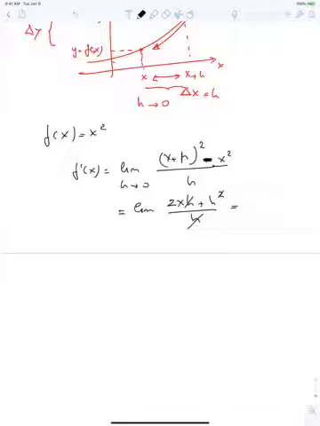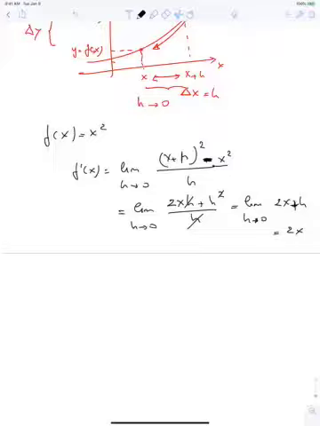So what is left is the limit for h that goes to 0 of, well, this one here will go to 0, so this is 2x plus h, which is equal to 2x, and that's the derivative.